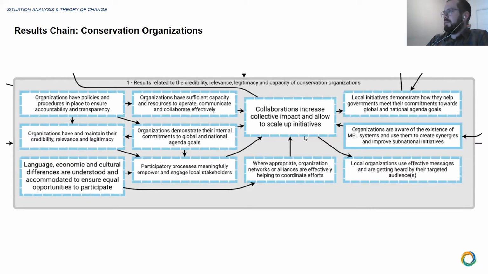It was felt that organizations needed to set up collaborations to increase collective impact and allow them to scale up initiatives. It is expected that if you do this, then you'll be able to demonstrate how your organization and your project can help governments meet their commitments towards global and national agenda goals.